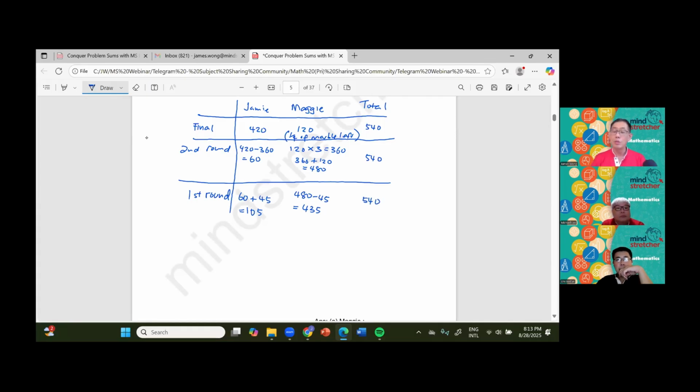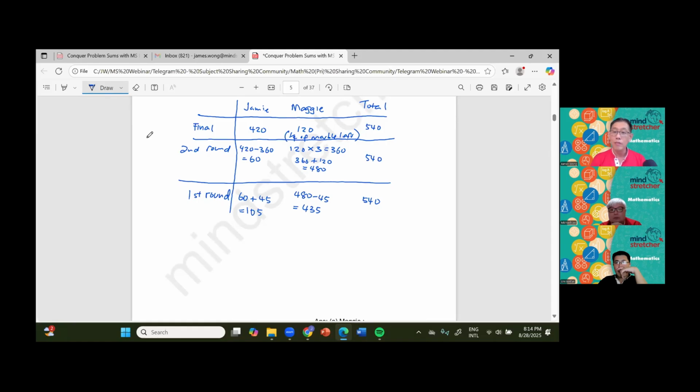As you work backwards, you will notice that you have not made any careless mistake. Everything is still working well, because you can do this as a quick check, because the total remains the same. So with that, I will know that at first, this is the amount that each one of them has: 105 and 435. So that will actually answer the question, because the question asks how many marbles each of them had at first.